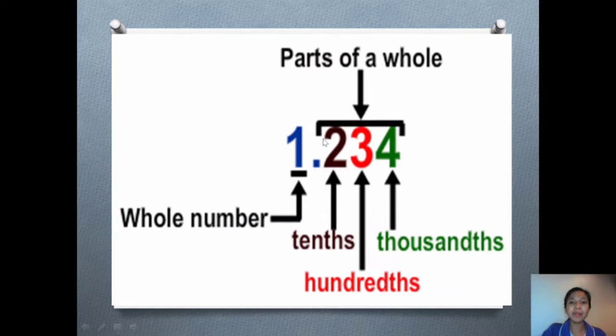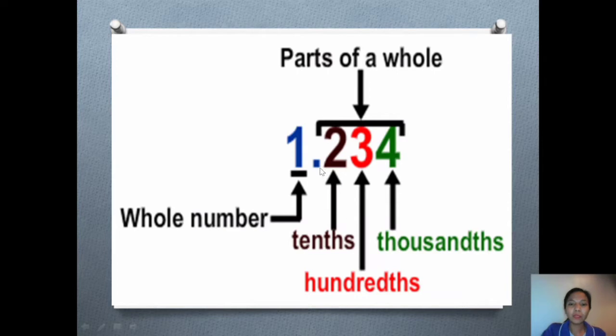The 1 here is before the decimal point, so it's a whole number. The numbers after the decimal point are parts of a whole, which means it's not a whole number, okay?